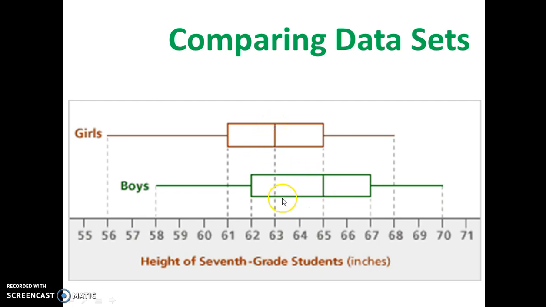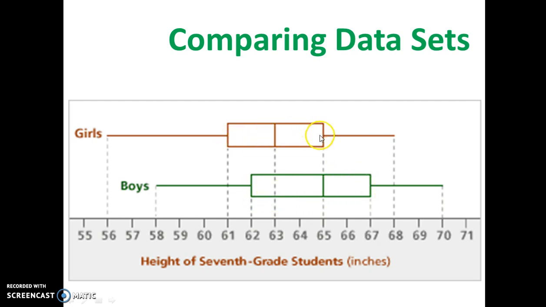The girls are here. We also see the boys have a bigger box. Remember, the box represents from Q1 to Q3. So that means from 1/4 of the way into the data, and then there's 1/4 remaining here. So the middle 50% of boys have a bigger spread.